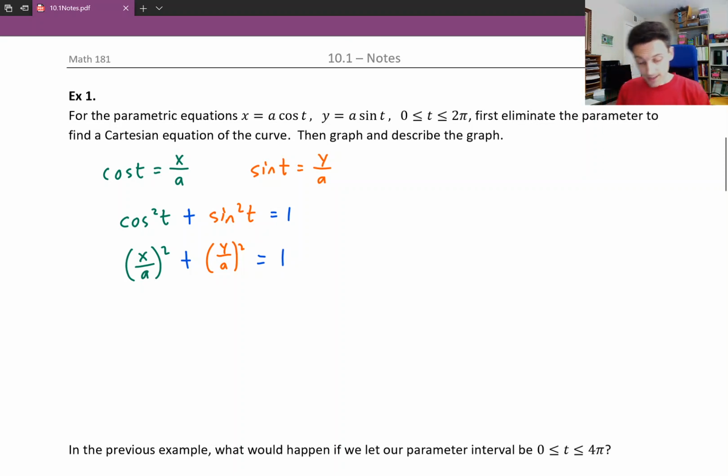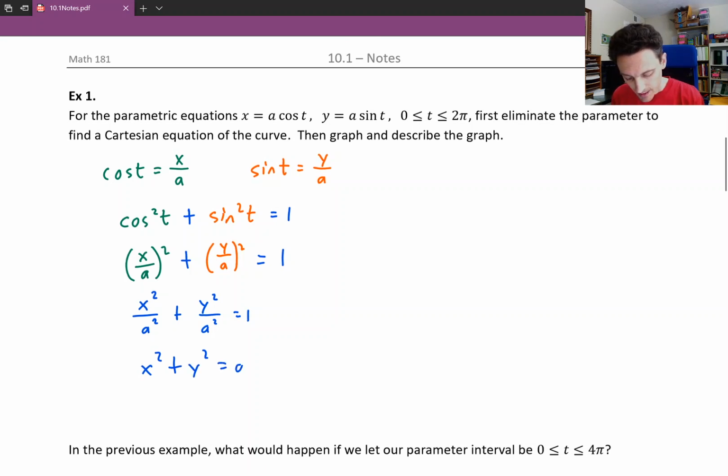Now the square applies to the top and the bottom. So we have x squared over a squared plus y squared over a squared equals 1. We can multiply both sides through by a squared, and we get x squared plus y squared equals a squared. There's your Cartesian equation.